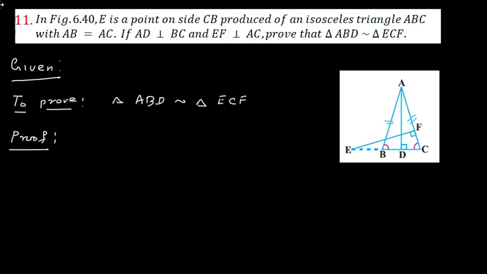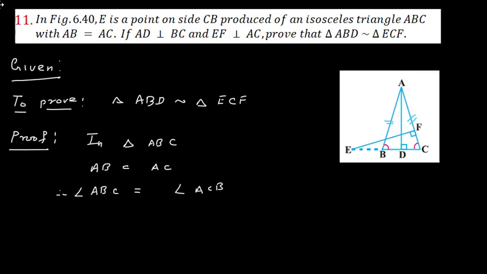So in proof I will start with triangle. I will say that in triangle ABC, AB is equal to AC, therefore angle ABC is equal to angle ACB.